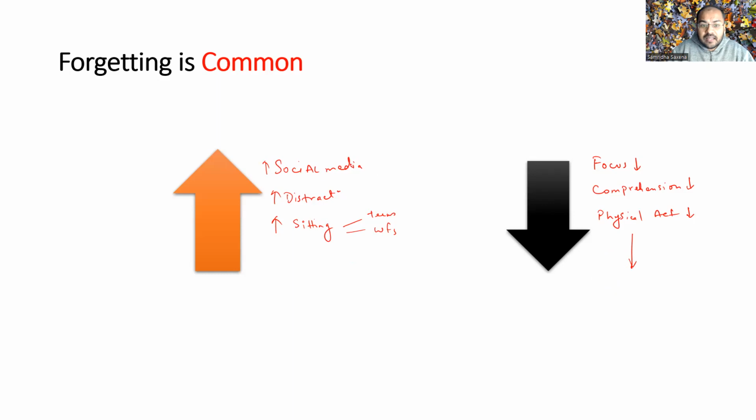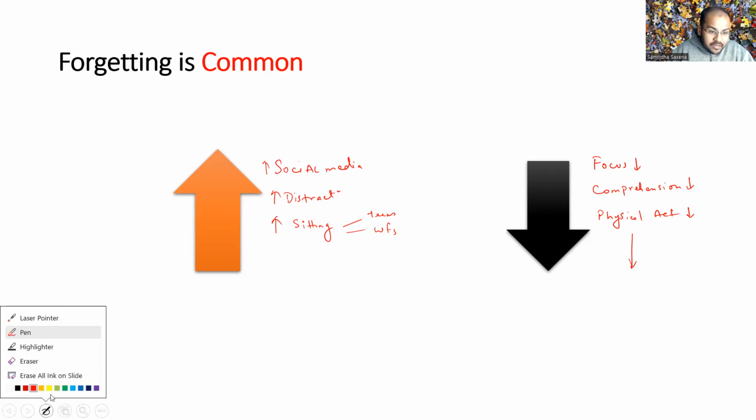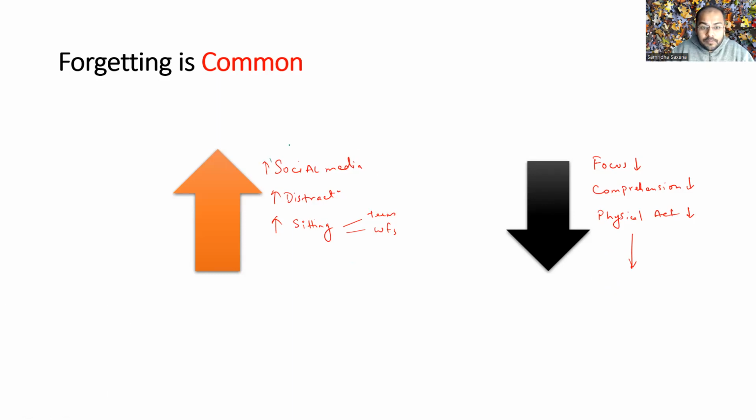All these things, increase in social media addictions, distractions, reduction in focus, reduction in comprehension, fewer physical activities, have combinedly resulted in memory lapses.